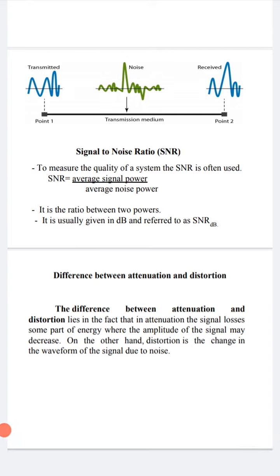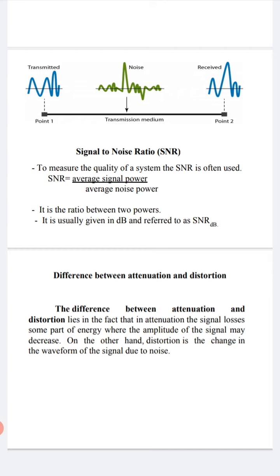Point 1 is the sender side, point 2 is the receiver side. Between the sender and receiver, there is a transmission medium. So while sending the input signal through the transmission medium, some noise will be added. So the signal is changed during the transmission.